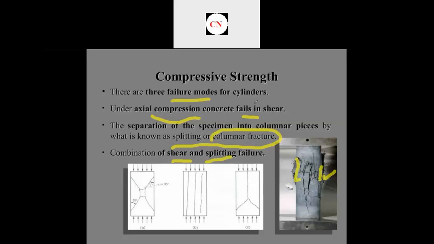So any cylindrical concrete sample fails by shear, by columnar fracture, or by a combination of both. These are illustrated in these diagrams: A is failure by shear, B is failure by splitting or columnar fracture, and the third one is a combination of both.